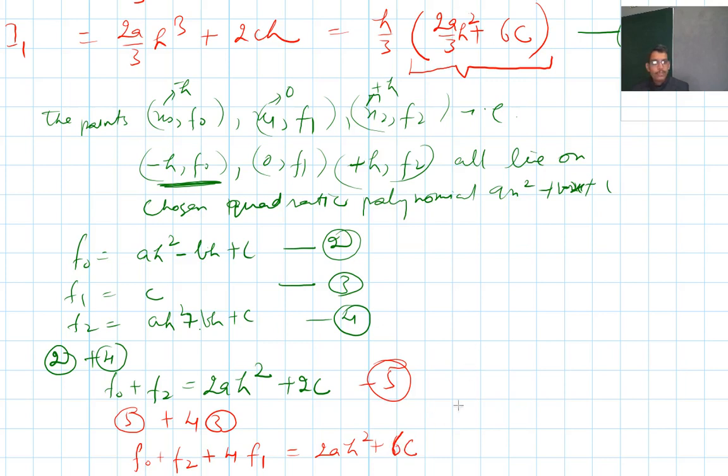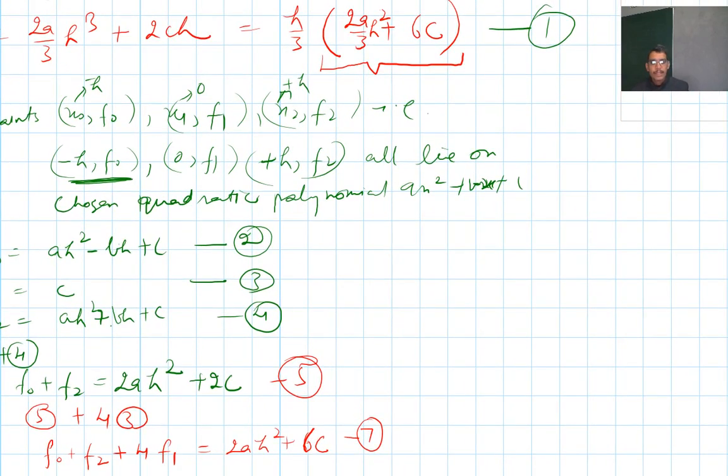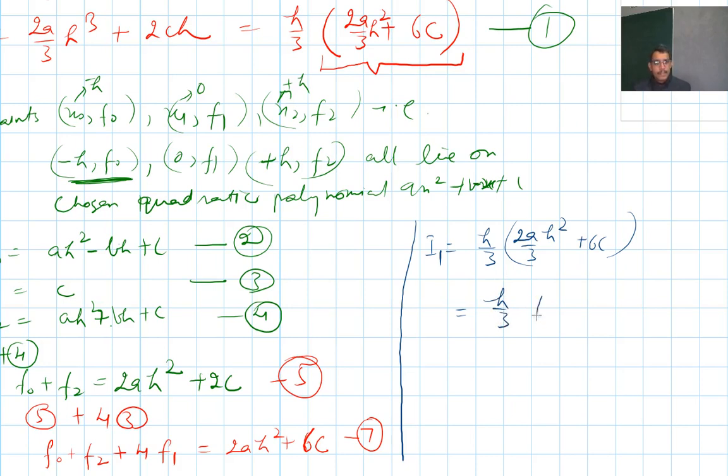So now I will put its value in equation number 1, right? So therefore the integral I1 is h by 3 times (2ah² by 3 plus 6c), which is equal to h by 3 times (f0 plus 4 f1 plus f2).